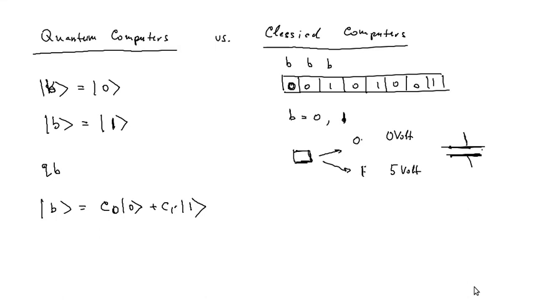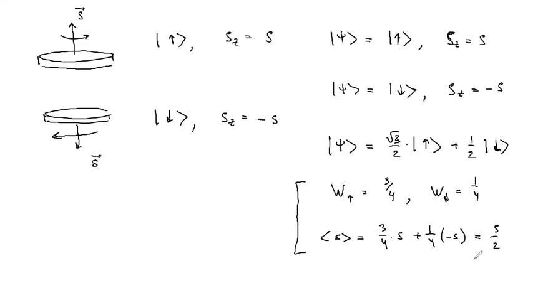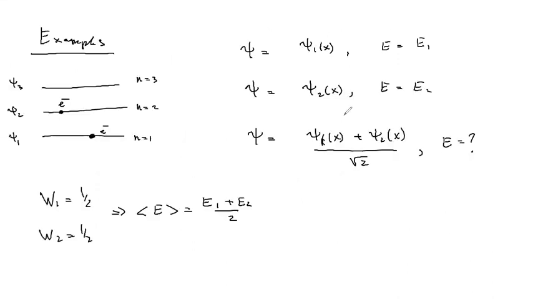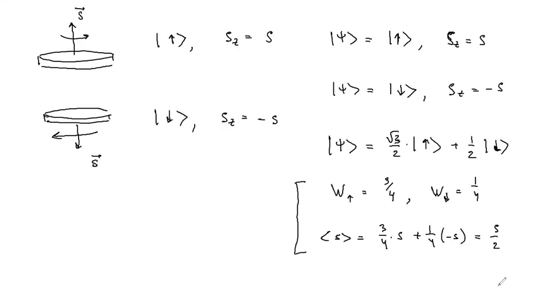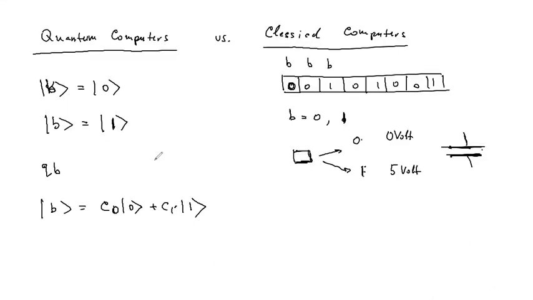I'm going to show you maybe a couple more examples about superposition, but I'm just saying that it's very fascinating that your system can be in different states, meaning that you have different values of some quantity at the same time. It could be about energy, it could be about spin, it could be about anything else. I don't even specify how you organize the qubits in a quantum computer.